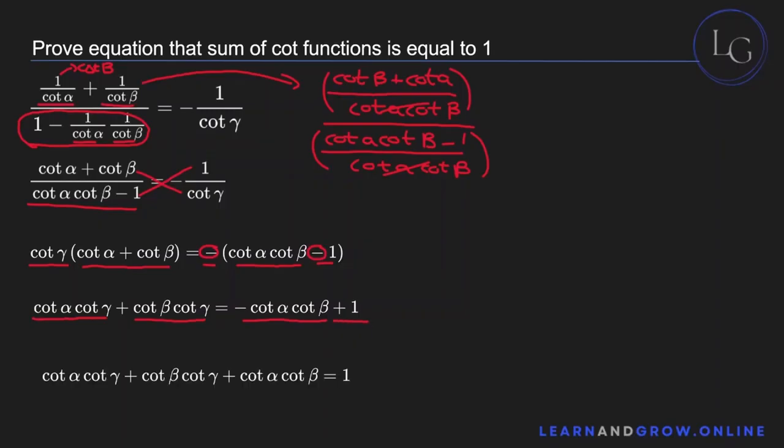Okay. And now when you take this term, negative cotangent alpha cotangent beta, to the left-hand side, you eventually prove the question itself. And that's what we had to do.